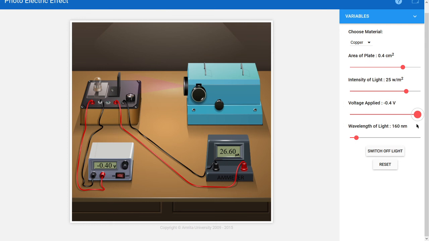For 0.80, it's 22.60. Say for 1.2, it's actually 18.60, and likewise we can take the further values with this much increment.